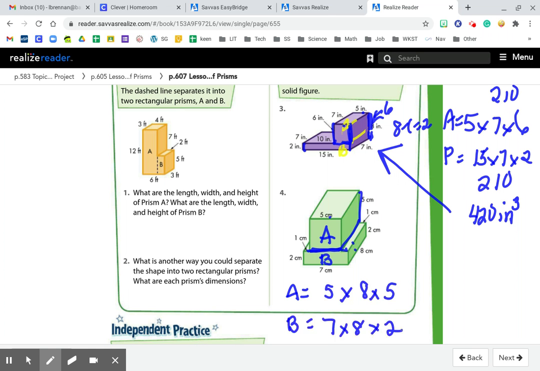So 5 times 8 is 40, and 40 times 5 is 200. 7 times 8 is 56, and 56 times 2 is 112. Add those together. 200 plus 200 plus 112 equals 312 centimeters cubed. Remember, I need to combine them in the end.